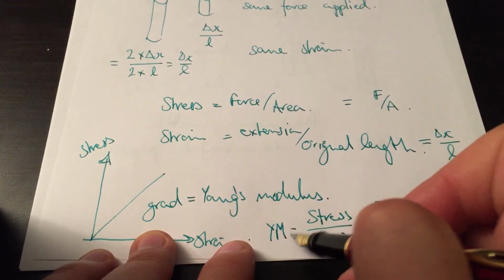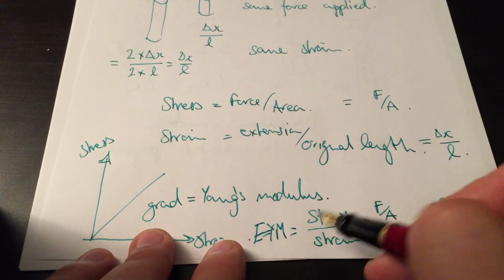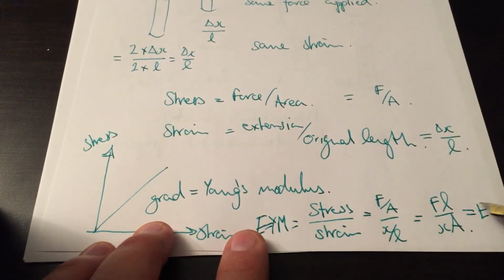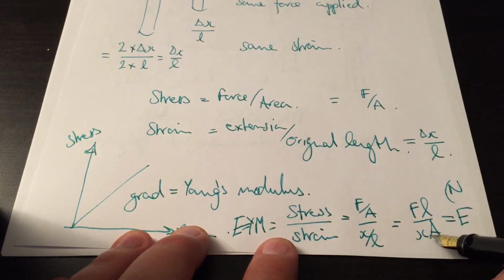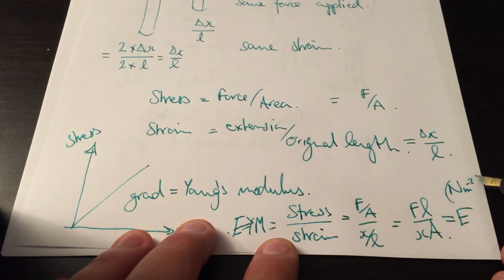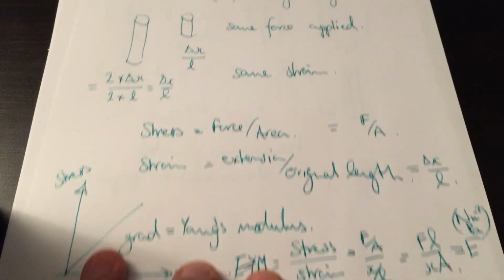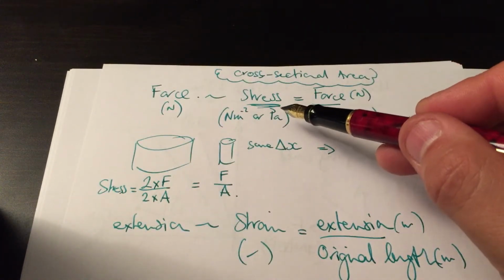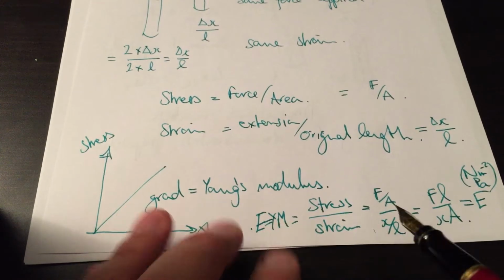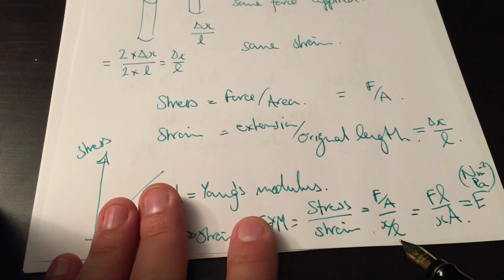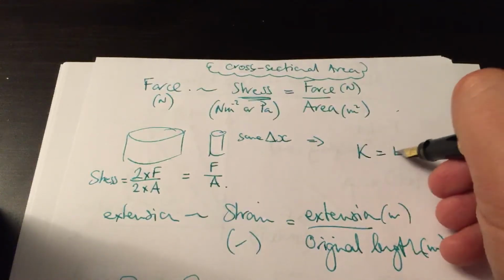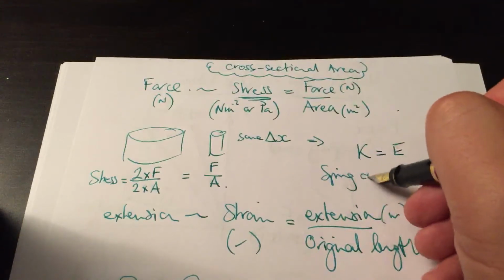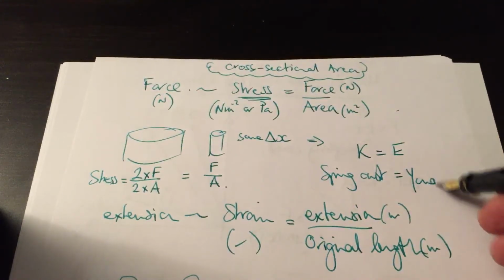And I'll just call that YM, or some people call it big E, Young's modulus. And this has the unit, of course, because the strain is dimensionless. It has the same unit as the stress, which is newtons per meter squared, or pascals, just as the stress did. Okay, so there in our comparison is over K is E, spring constant, equals Young's modulus.